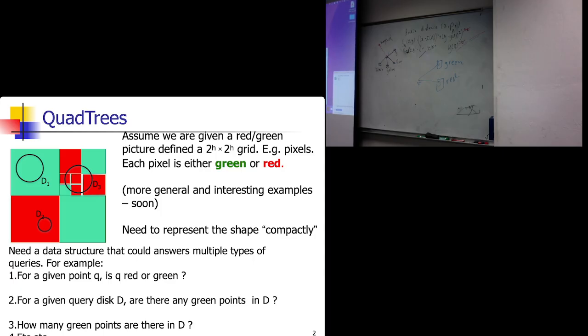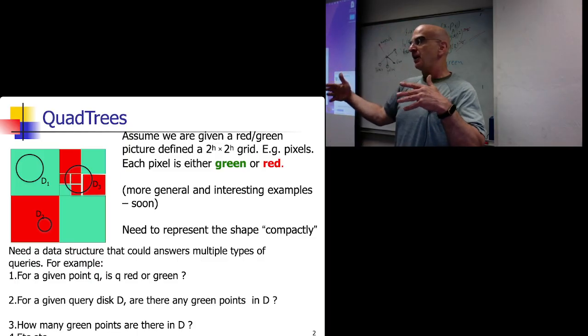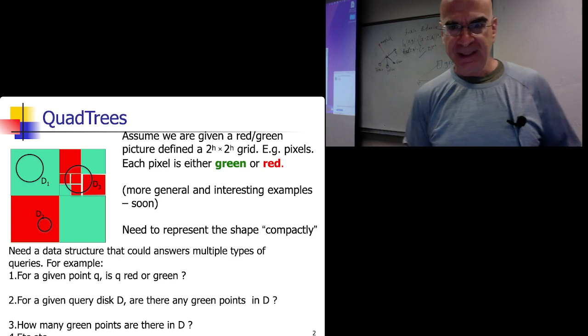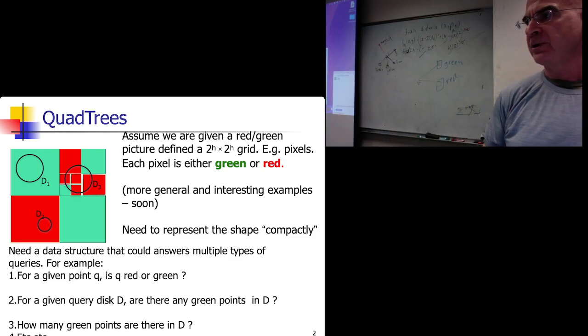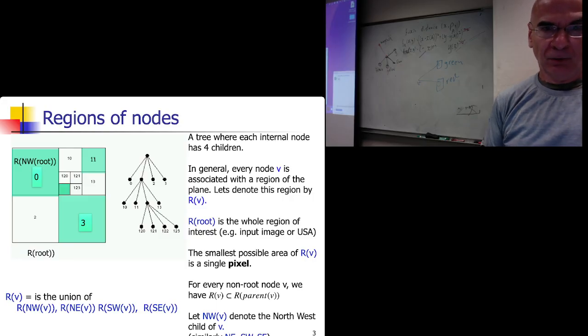And the whole world has some width, 2 to the h for some integer h. So for example, 1024 times 1024. That would be the size of my world. It will be convenient to think that the width and the height are integer powers of 2.